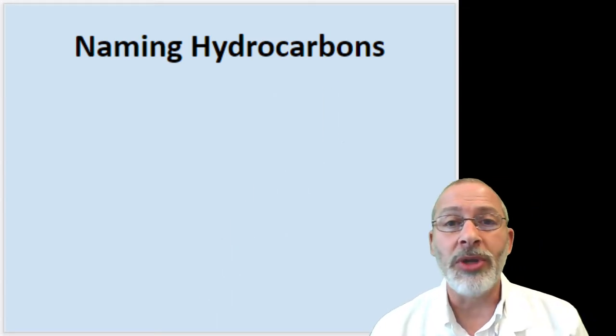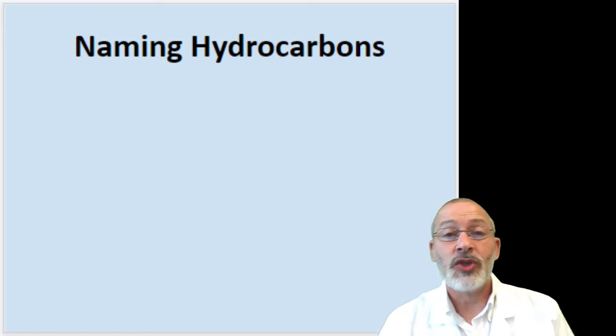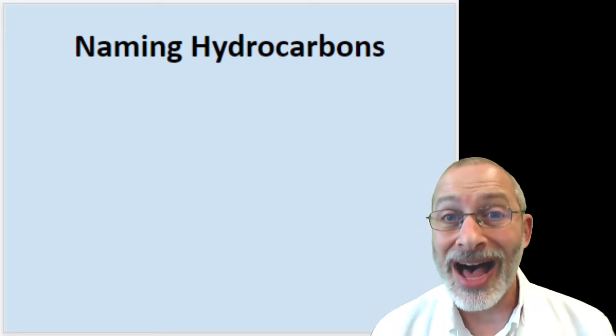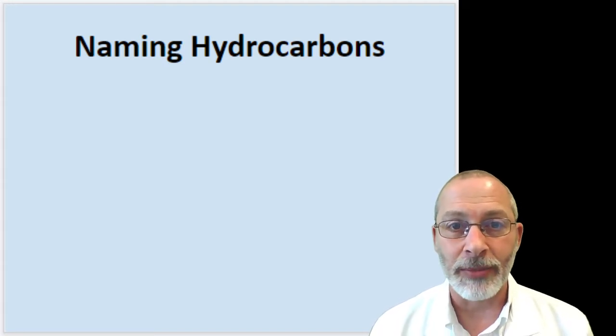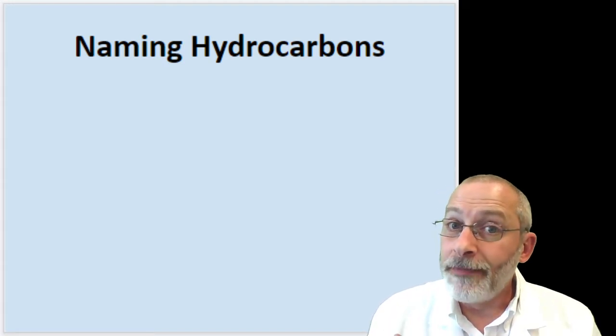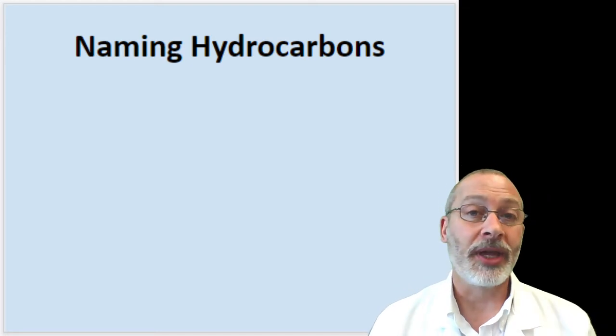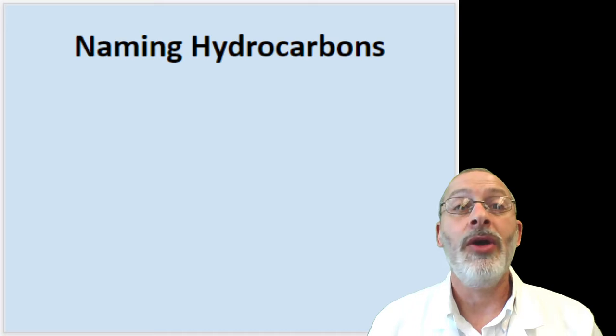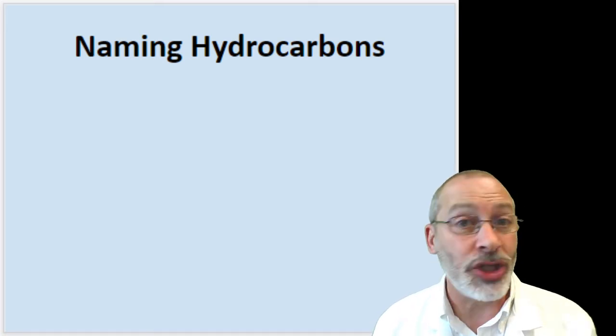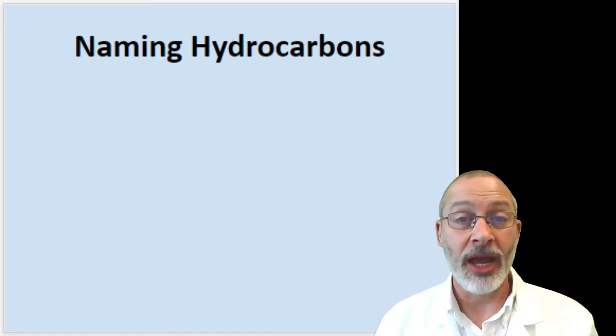So what we're going to be talking about here today specifically relates to hydrocarbons, which make up a lot of organic chemistry. But the principles we'll pick up today will also apply to other types of organic compounds, not just those with hydrogen and carbon.